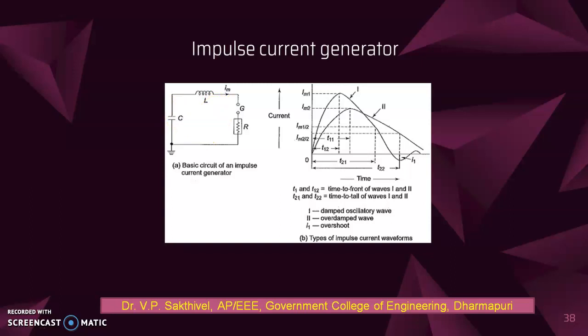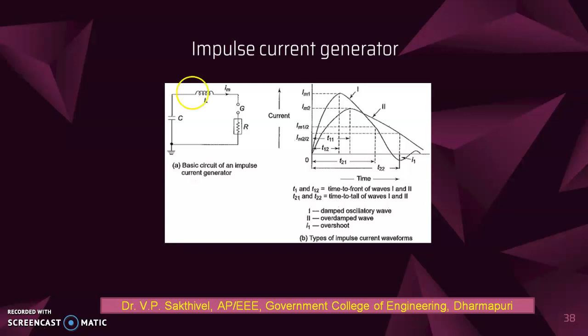This unit is charged from a DC source to a voltage up to 200 kV, where R represents the dynamic resistance of the test object, and the resistance of the circuit and the shunt. L is an air core high current inductor.